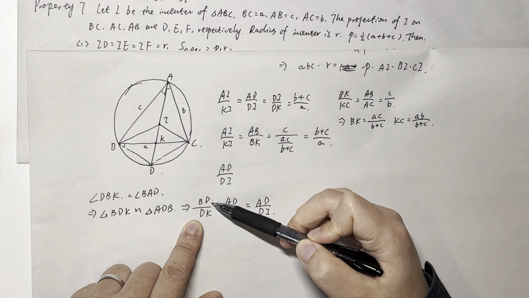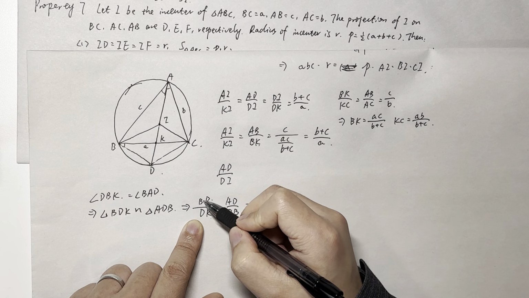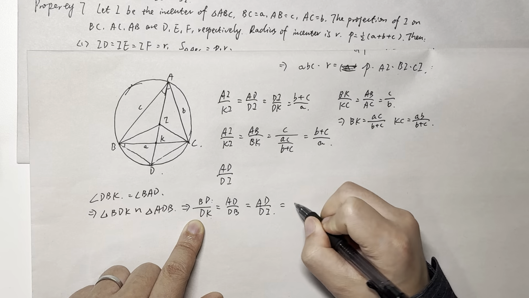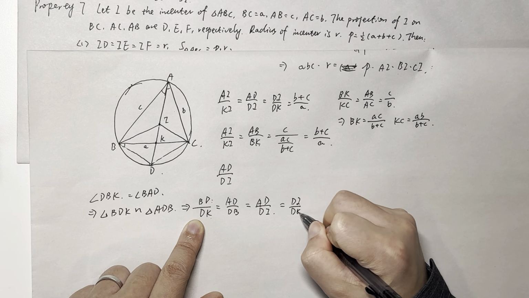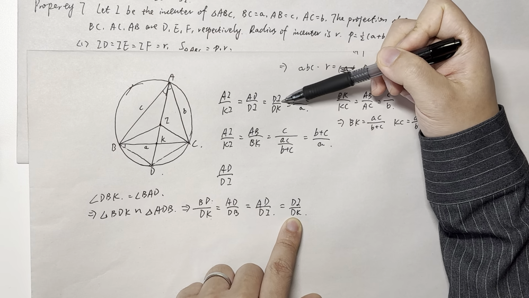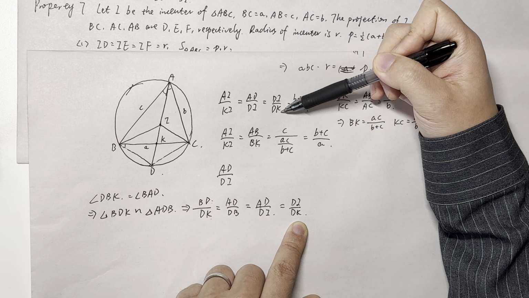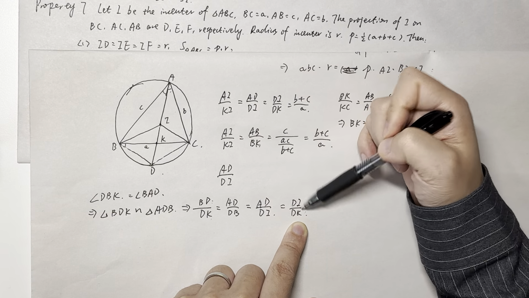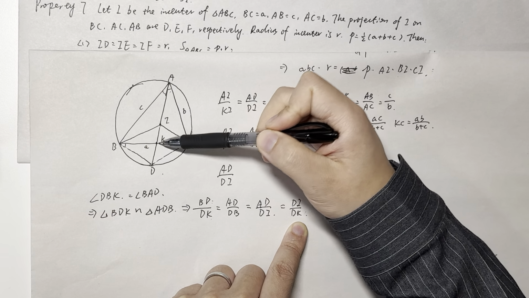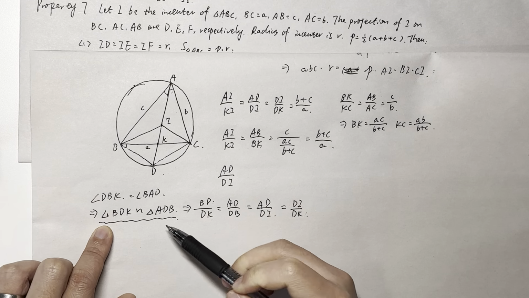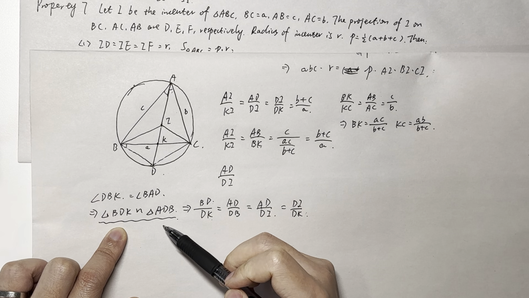So BD to DK, and BD equals DI, equals DI to DK. So firstly, we just proved that AD to DI equals DI to DK by proving these two triangles are similar, right?